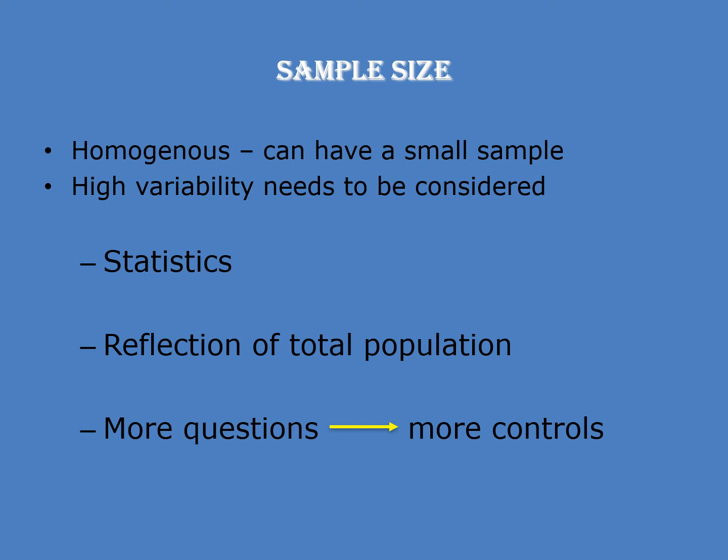Something all researchers have to take into consideration is that the more questions that are formed as part of questionnaire implementation, the more controls they may have to implement, because generally more variables can come out or be formulated as part of the research question.